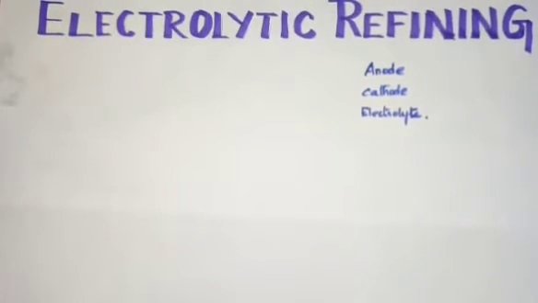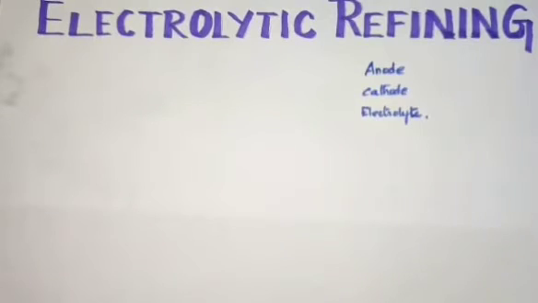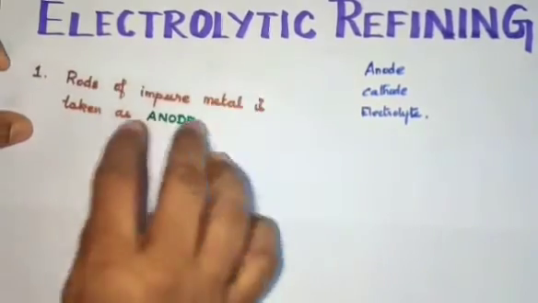Anode is a positive rod, cathode is a negative rod, and as electrolyte we are going to take that metal in solution form.